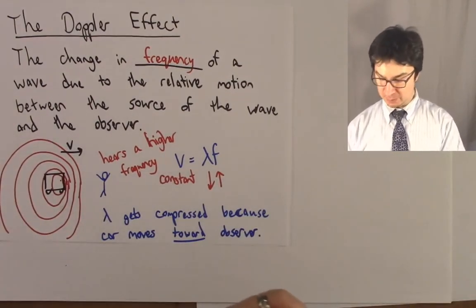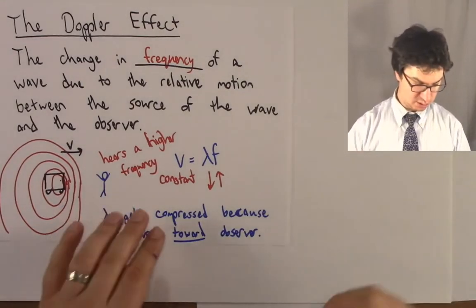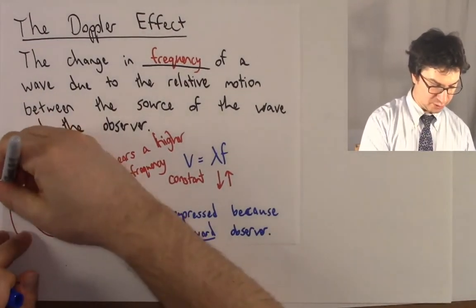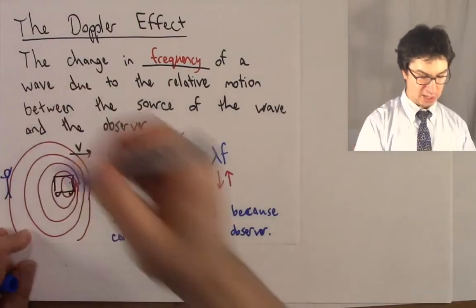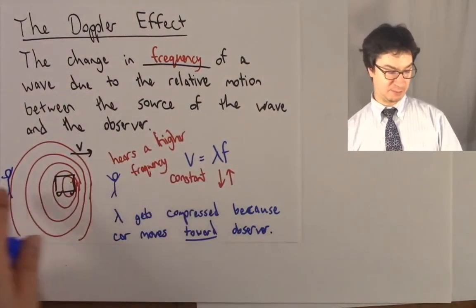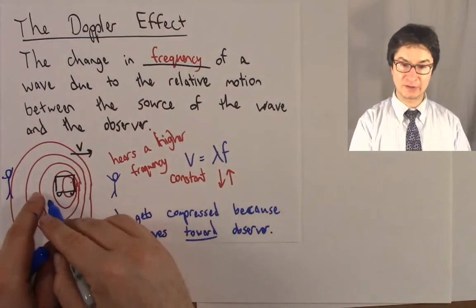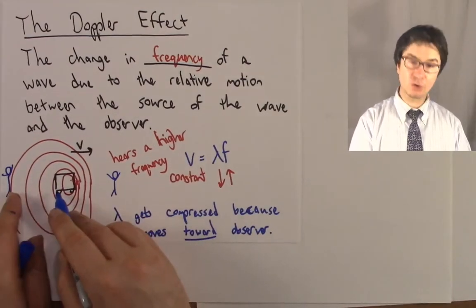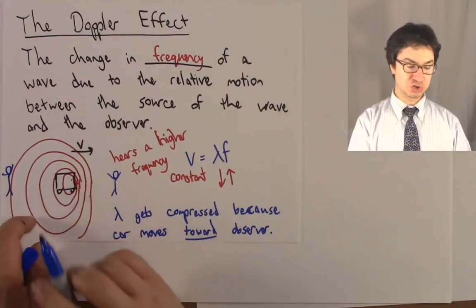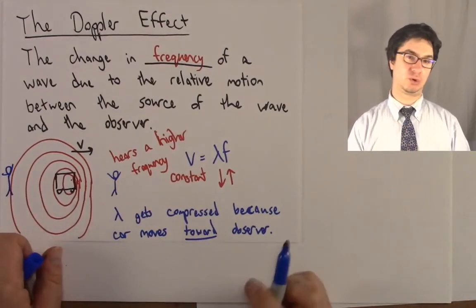All right? What if the person instead were behind the vehicle? So let's say there were a person behind the vehicle, in which case the vehicle is moving away from the person. Well, you see here that this wavelength is more spread out. A bigger wavelength means we're going to have a smaller frequency, and that means a lower pitch.